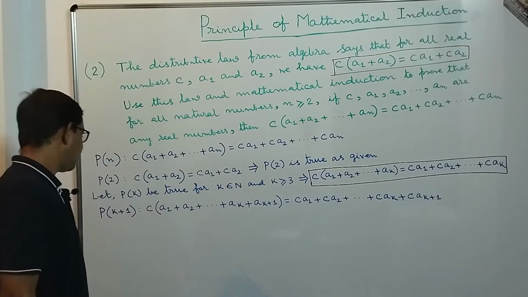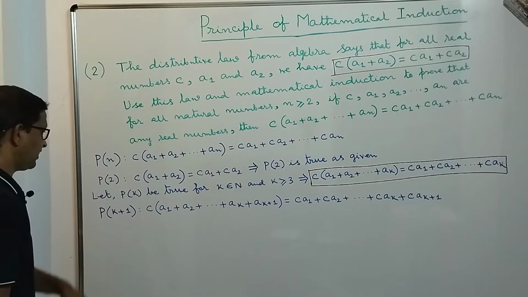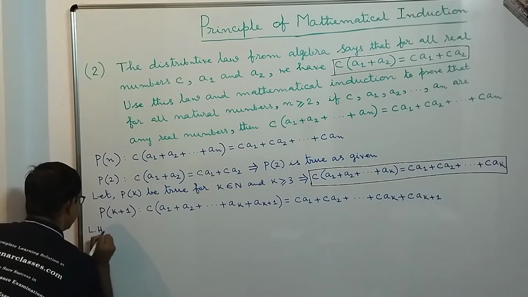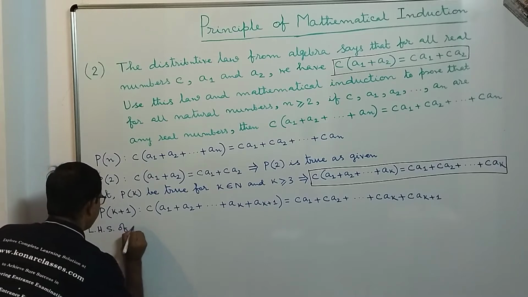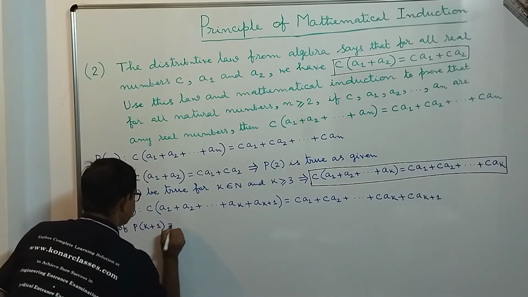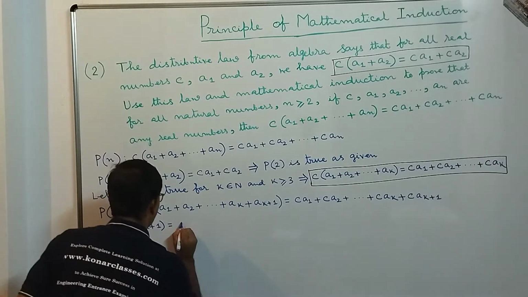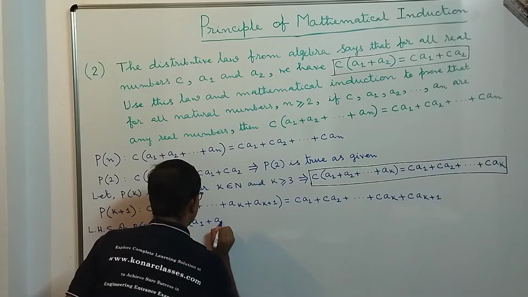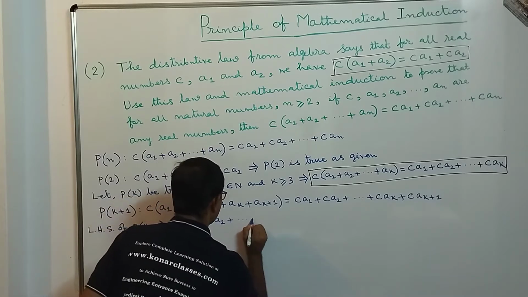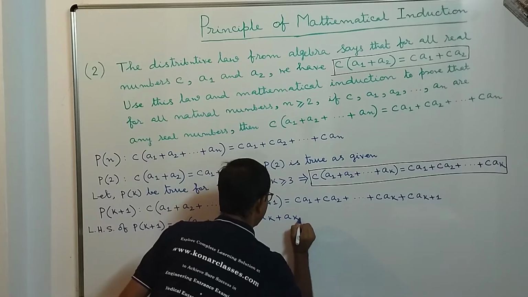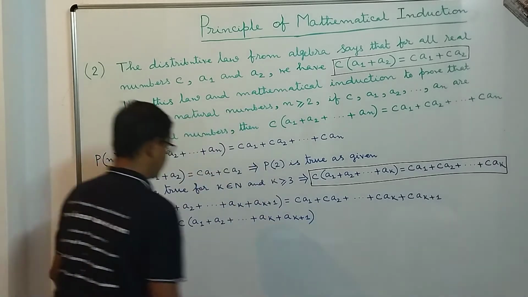Now let's look at the left hand side of Pk plus 1. The LHS of Pk plus 1 is C into (A1 plus A2 plus ... plus Ak plus A k plus 1). Correct or not?